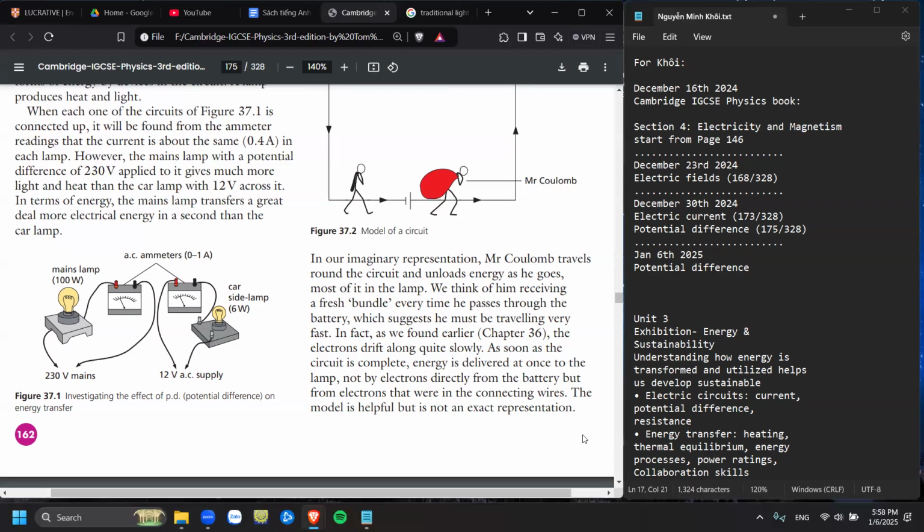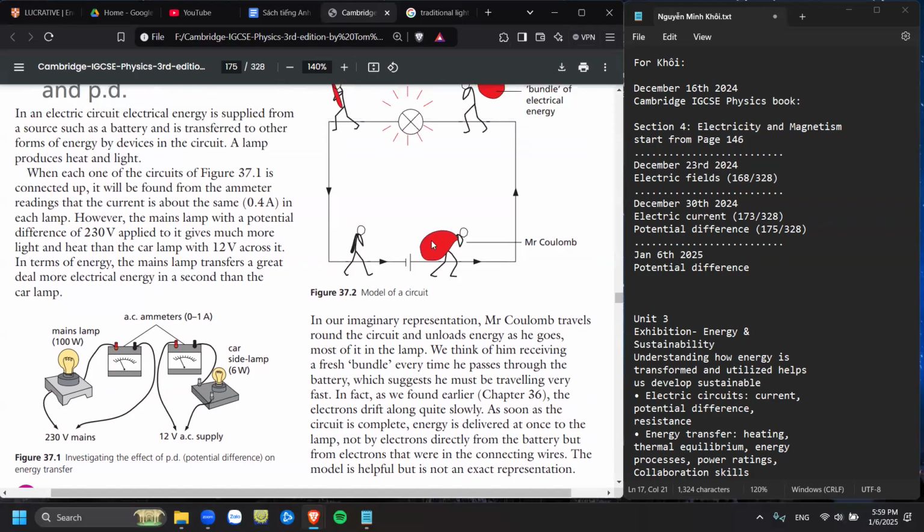As soon as the circuit is complete, energy is delivered at once to the lamp, not by electrons directly from the battery, but from electrons that were in the connecting wires. The model is helpful, but it's not an exact representation. It just helps you understand what is being eaten up: it's the electrical energy that is being used up.